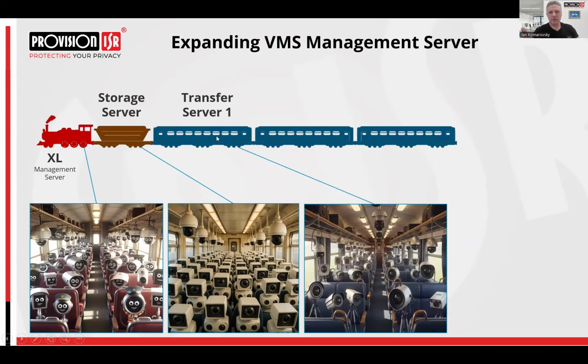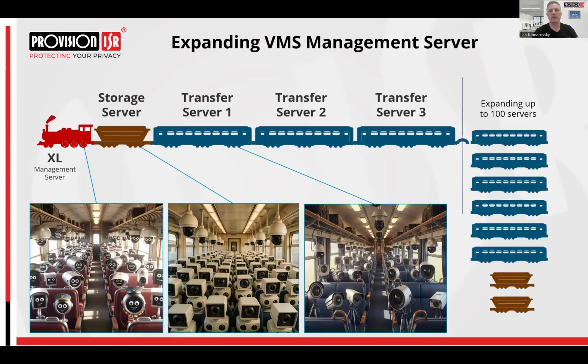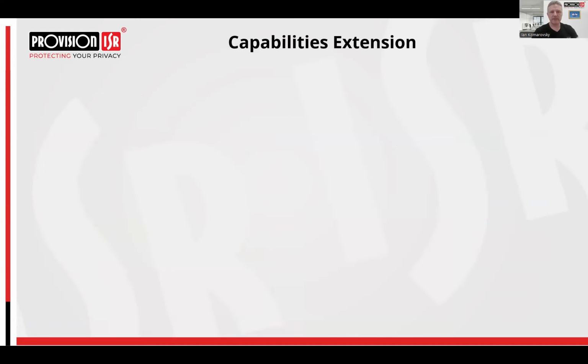It's connecting to more and more cameras, so your train is becoming bigger and bigger. You can create a big train with thousands of cameras, and transfer server 2, transfer server 3, and you can expand it theoretically up to 10, up to 100 servers of different types. So this is basically how you can extend and expand your server.